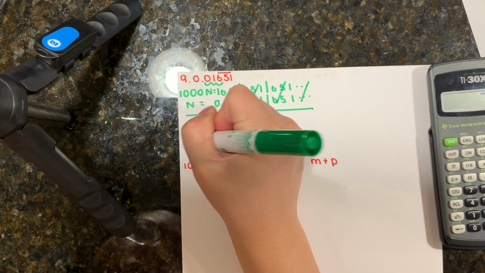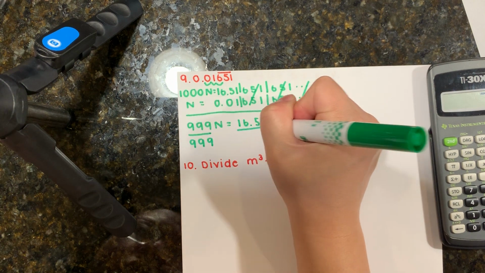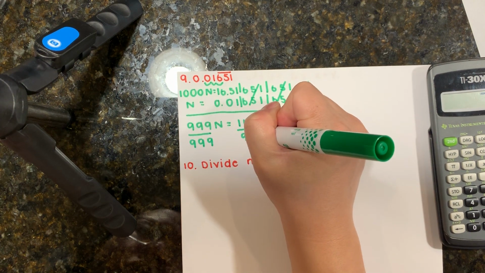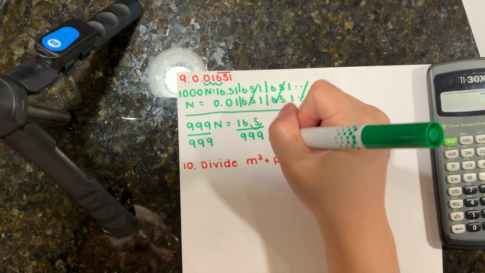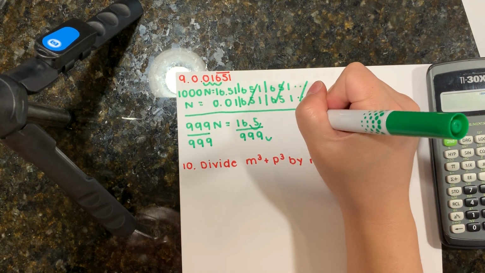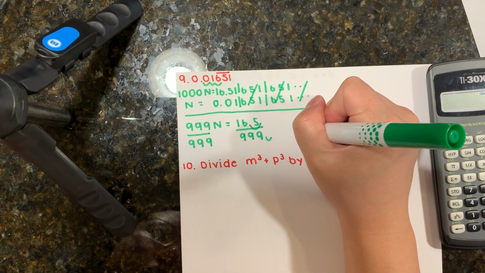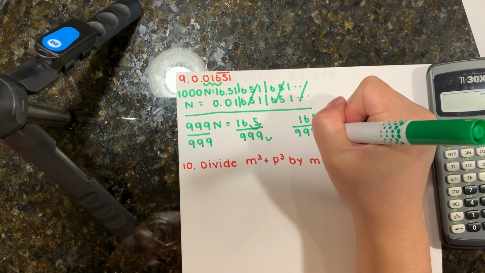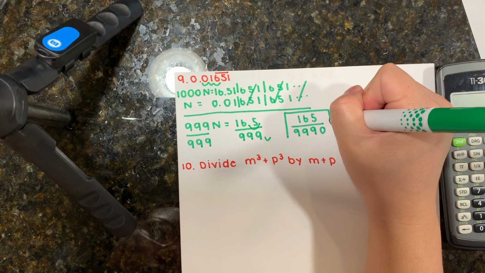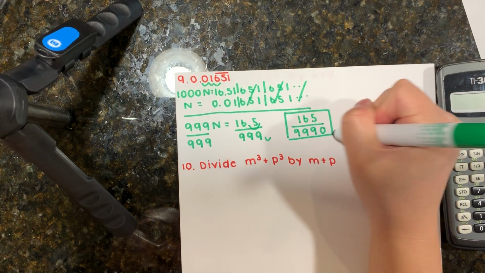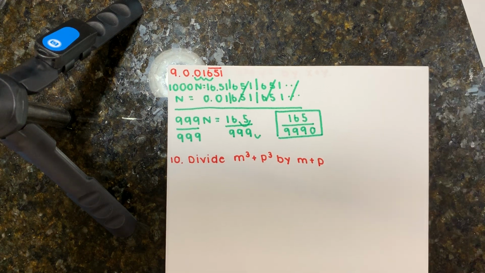Then we're going to divide both sides by 999. Then I need to move the decimal point over 1 space. So my number is going to be 165 over 9,990. Okay, and that concludes number 9.